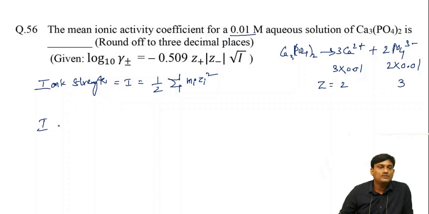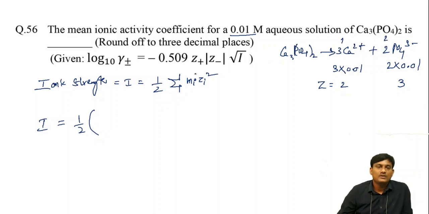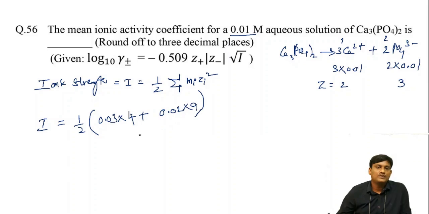So I is equal to 1 by 2 of m1 Z1 square plus m2 Z2 square. Let us take Ca2+ as m1 and PO4 3- as m2. Then you will get m1 is 0.03 into Z square, which is 4, plus m2 is 0.02 into Z square, which is 9.